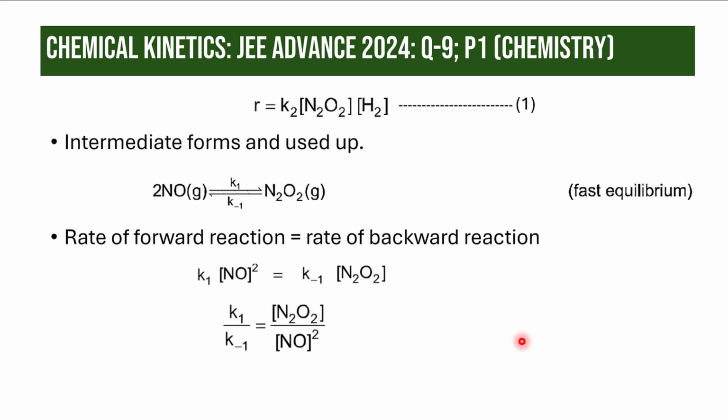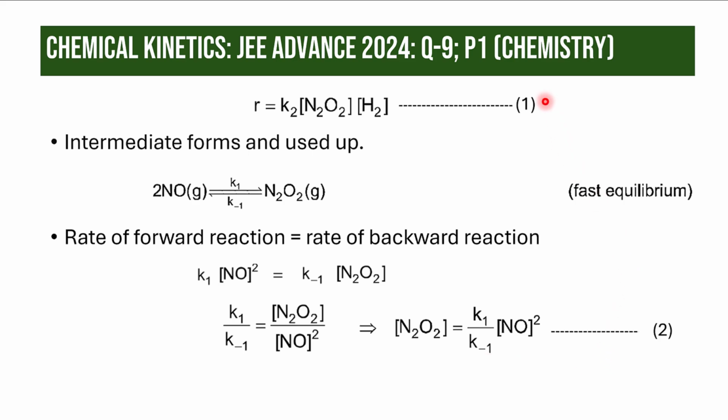Now from here I can calculate the concentration of N2O2. So K1 divided by K sub minus 1 is equal to the concentration of N2O2 divided by the concentration of NO squared. So the concentration of N2O2 you can write, this will be here and this term will go this side, so you can write the concentration of N2O2.